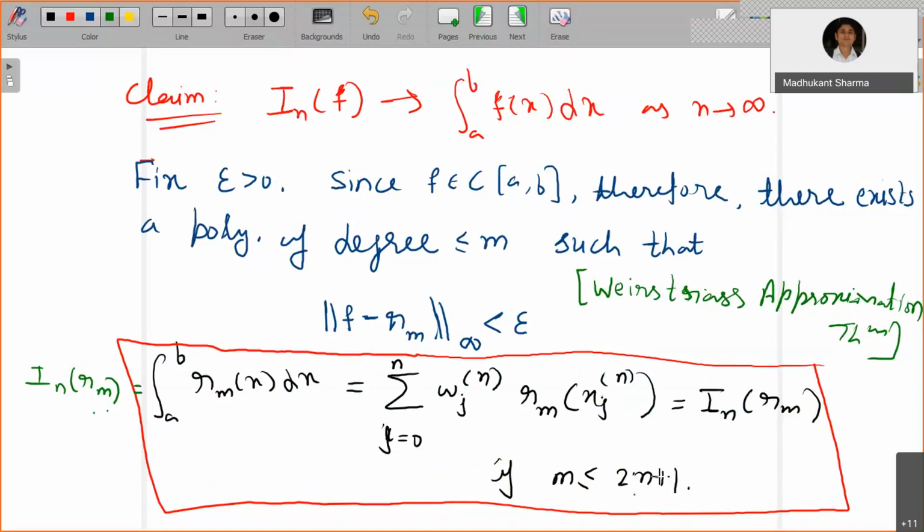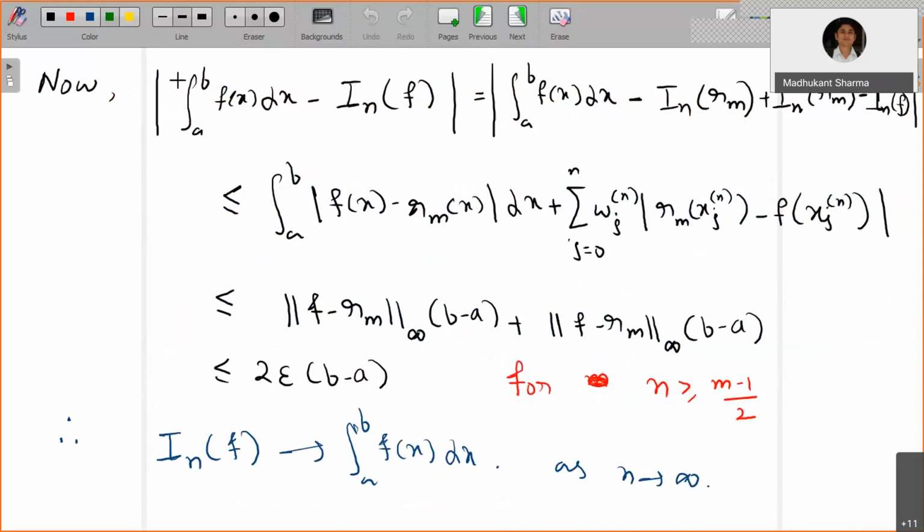Now, by observing this, we are ready to take the magnitude of the difference, the integration a to b f of x dx minus In of f. Now you add and subtract In of Rm. Use the triangle inequality. This is less than or equal to, that is going to be this one.